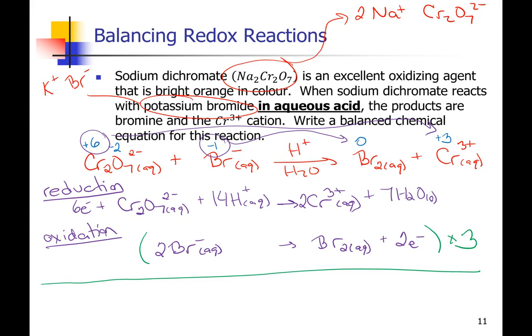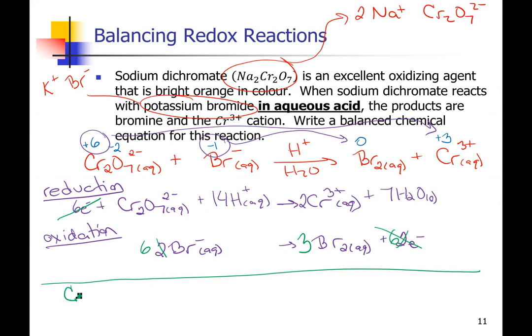If you can add this up looking at it like this, that's fine. Otherwise, what you can do is go through and adjust the coefficients on everything in the oxidation half reaction, multiply them all by 3, which would mean we would then have 6 bromide ions, 3 bromine molecules, and 6 electrons. The 6 electrons from each half reaction will cancel, and we can add everything else up.